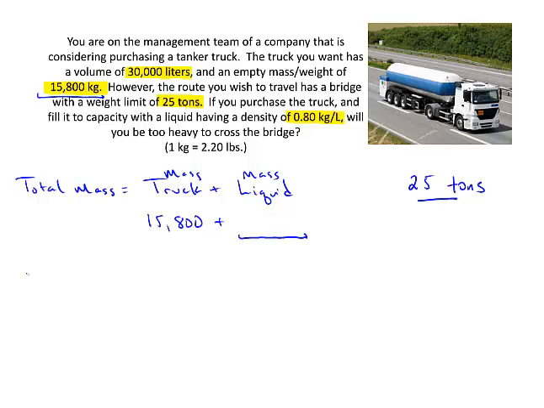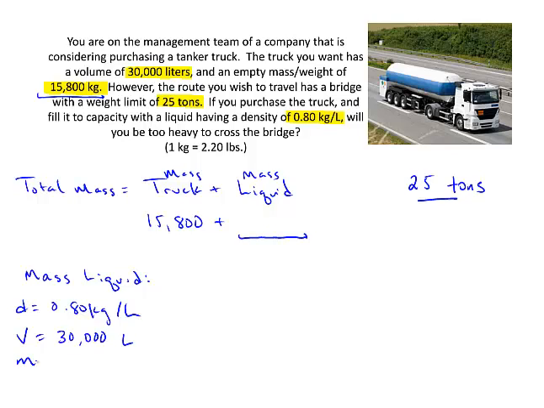So how do we find the mass of the liquid? This is where we use the density. We know the density of the liquid. We know that the density is 0.80 kilograms per liter. We know that the volume of the truck is 30,000 liters.